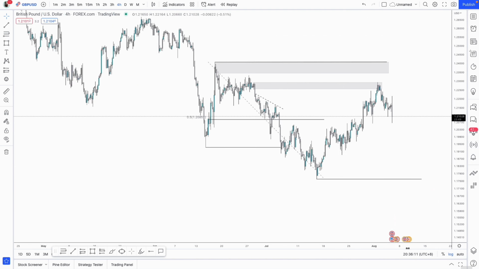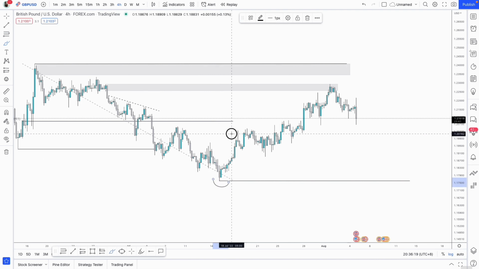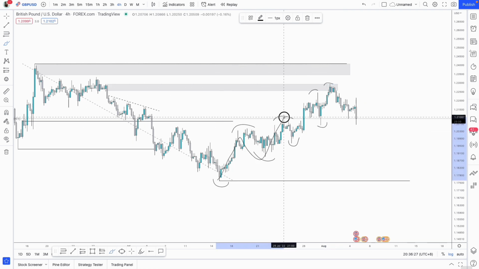So as we can see, the order flow is bearish, but the trend is bullish, because if we drop down a time frame, and even on this time frame, you can see low, higher high, higher low, higher high, higher low, higher high, right? So you can very clearly see we are bullish.